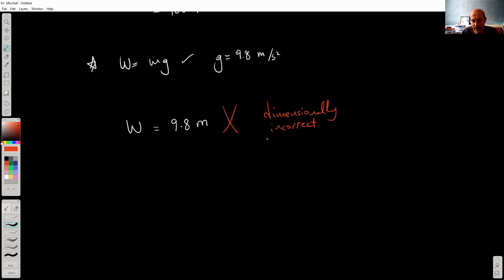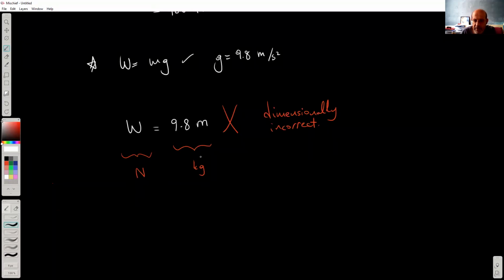The reason is that if you just look at the units, the right-hand side has the units of kilograms, but the left-hand side has the units of newtons. It's not possible that something with a unit of force can be equal to something with the unit of kilograms, right?